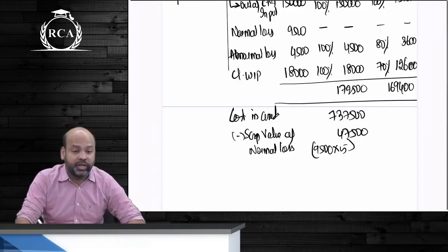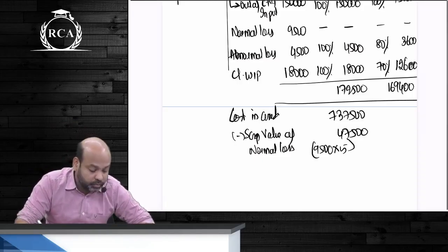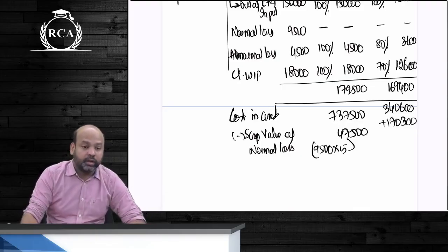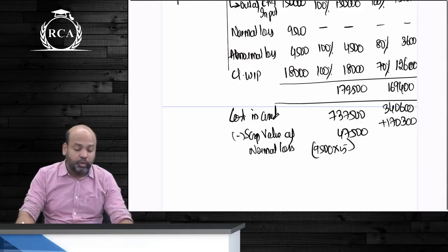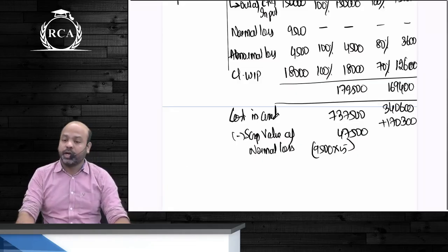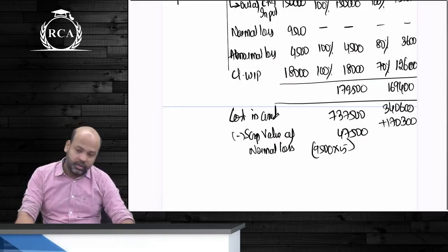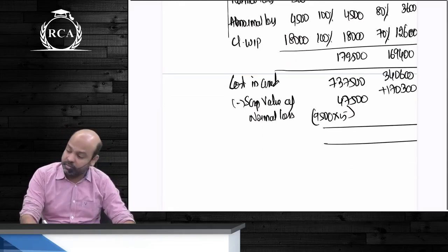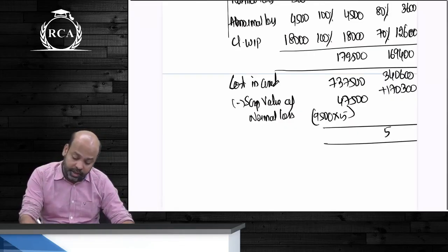Next, under labor and overheads. Will you take expenditure already incurred on opening work in progress? No. Why? This is the FIFO method. How much will this be? 5,10,900. The earlier one was 6,90,000.